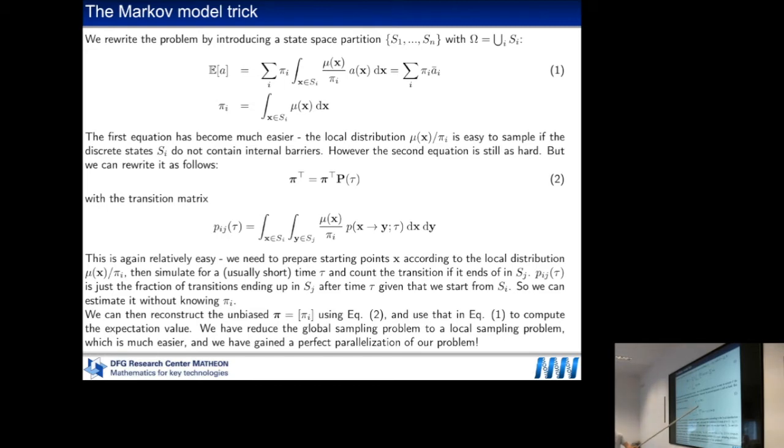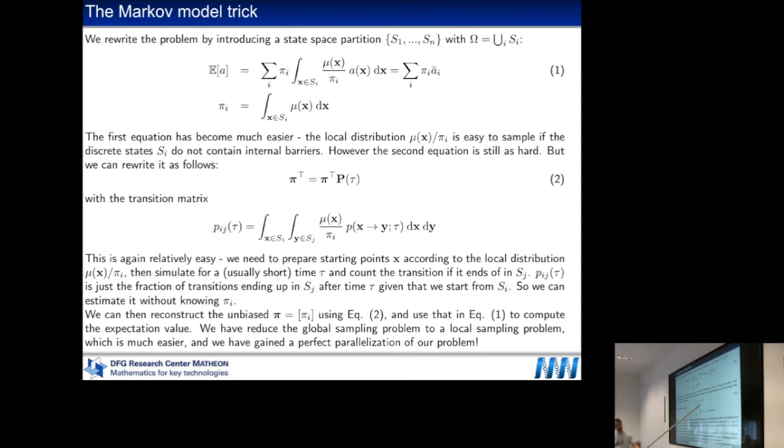Basically it says pi is the eigenvector with the eigenvalue 1 of this matrix. And this matrix, I can write it as this. But what it is simply is the transition matrix of a Markov chain.